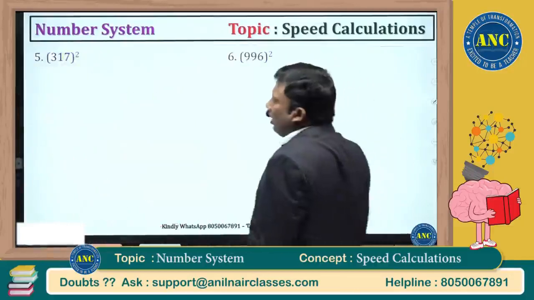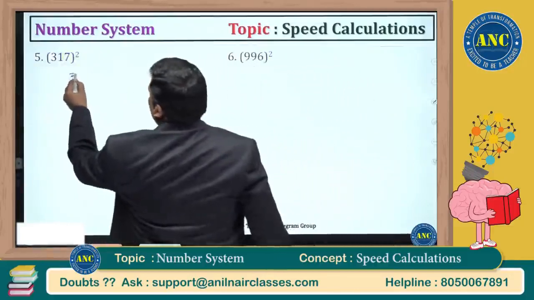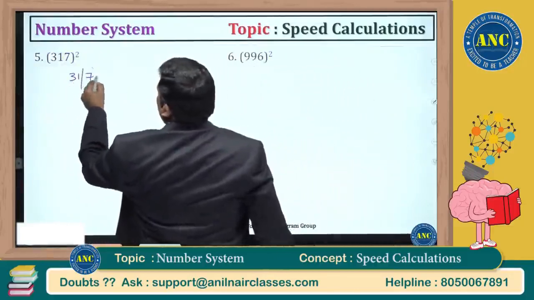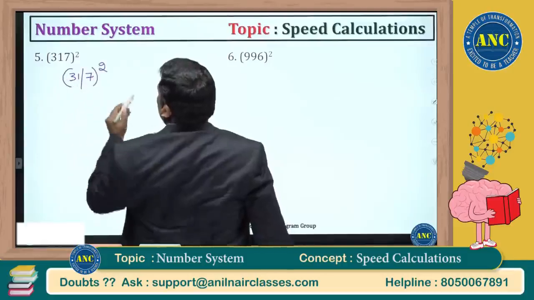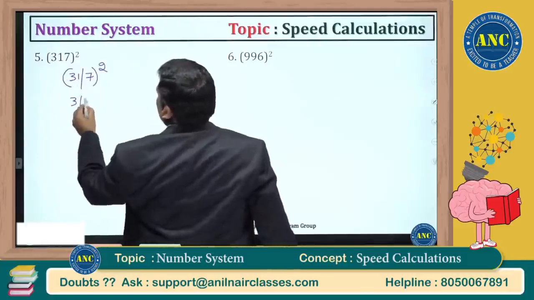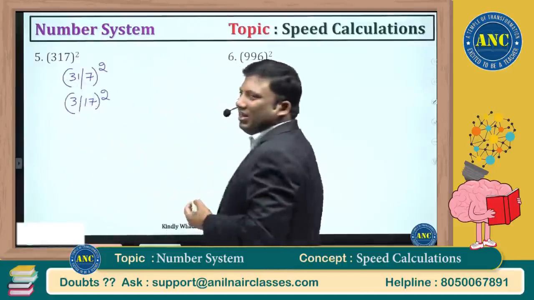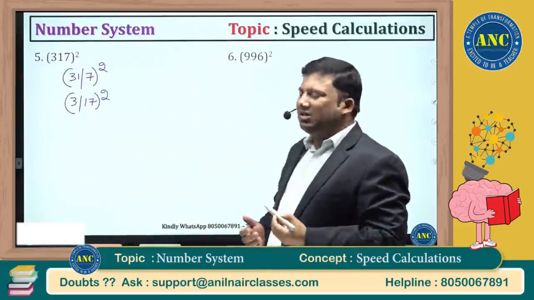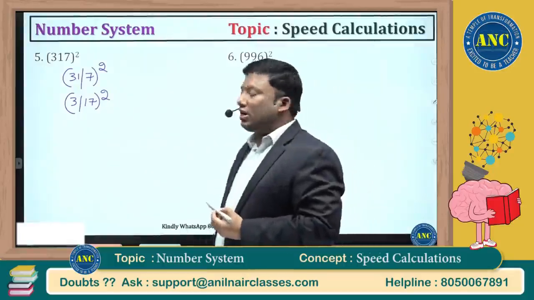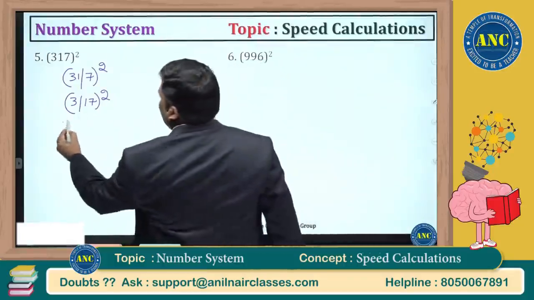Now 317 square. A is 31 and B is 7, or A is 3 and B is 17. 31 square is a little dicey, even though it is easy once you know a shortcut. Right now we will go with 17 square.